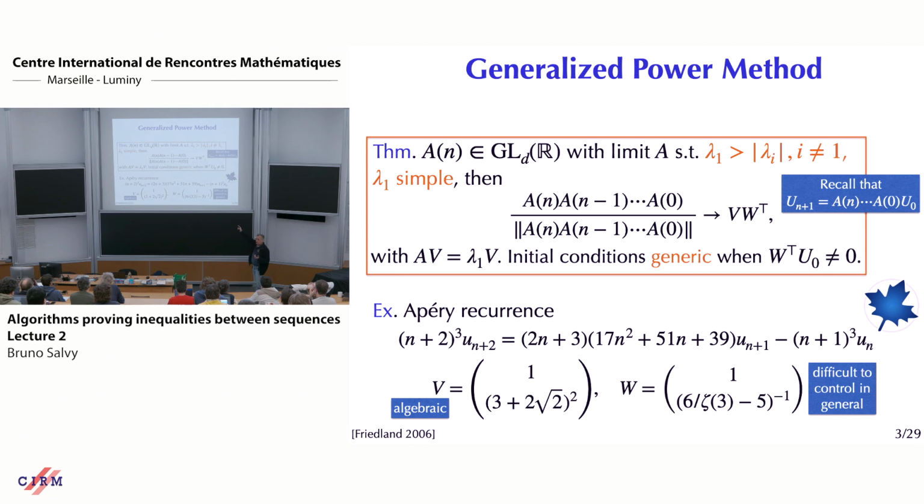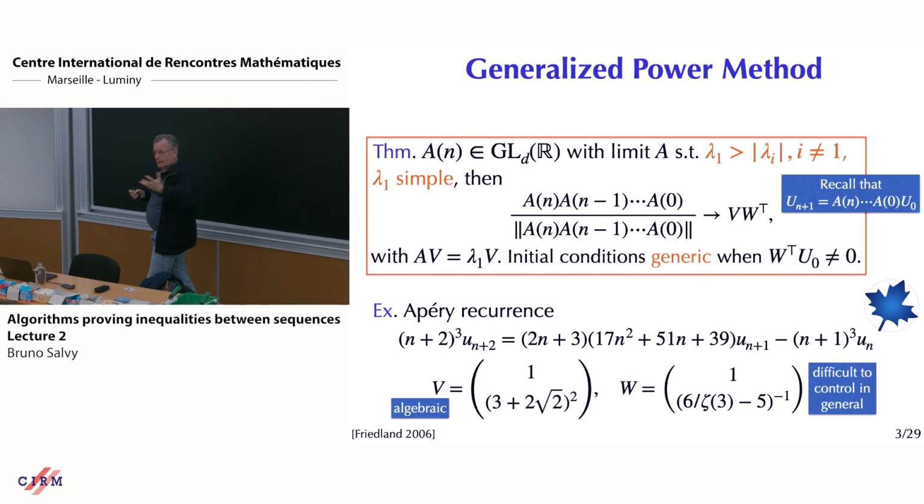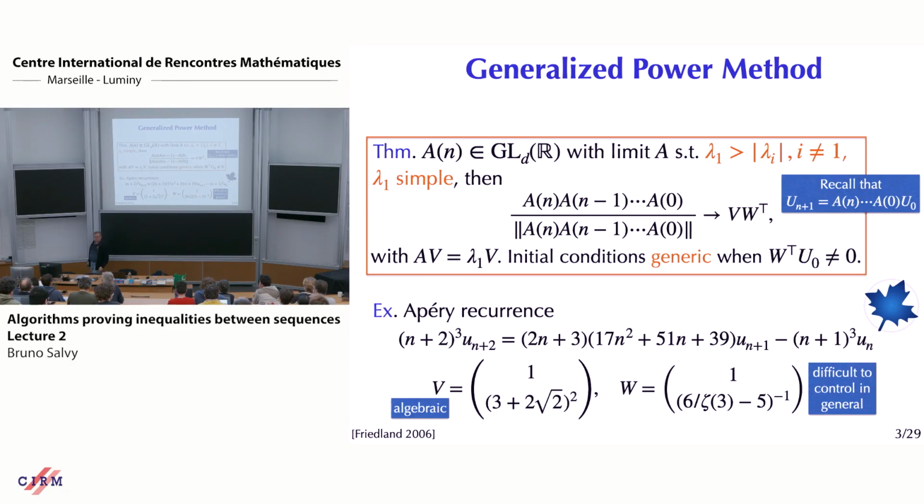In this example, what we know is that there's this proof by Apéry that zeta of 3 is not rational. So it means that if I take a vector of initial conditions with rational coordinates, it will be outside of the bad hyperplane. So generic rational initial conditions will be fine. But in general, we don't know anything.